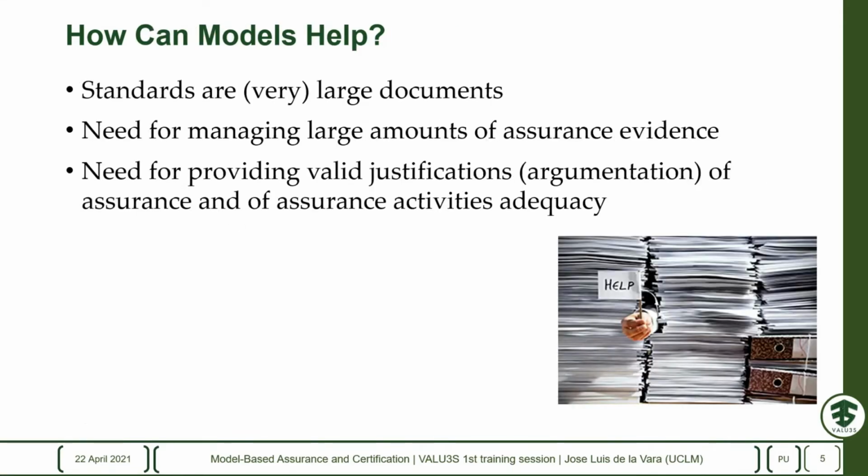So how can models help in these activities? These are only three points that I can highlight about the kinds of issues that we can improve with models. At the end, in simple words, there's a problem of managing a large amount of information about the systems, the standards to comply with, and how to justify dependability. And if we don't deal accurately with these needs, certification risk can arise.